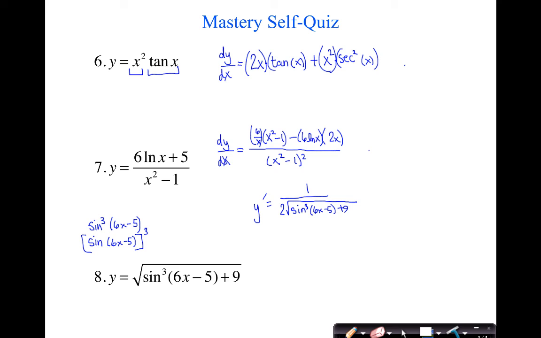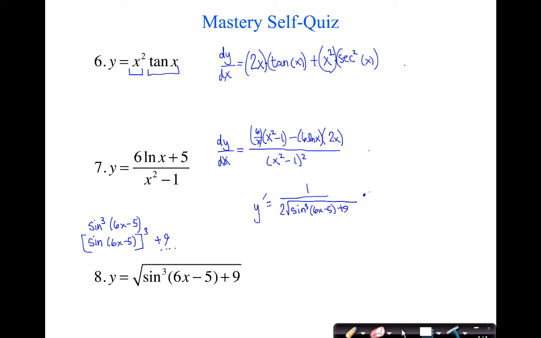But thinking about this, well, I've dealt with the square root derivative. Now I've got to deal with what's under the square root, the inner function, which there's a plus 9, and I know the derivative of that's going to be 0, so I won't concern myself with that. Let's think about what's the derivative of this sine function raised to the third power.